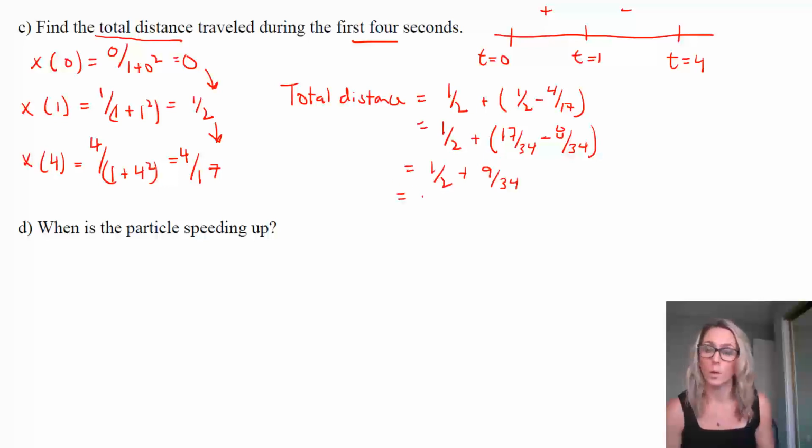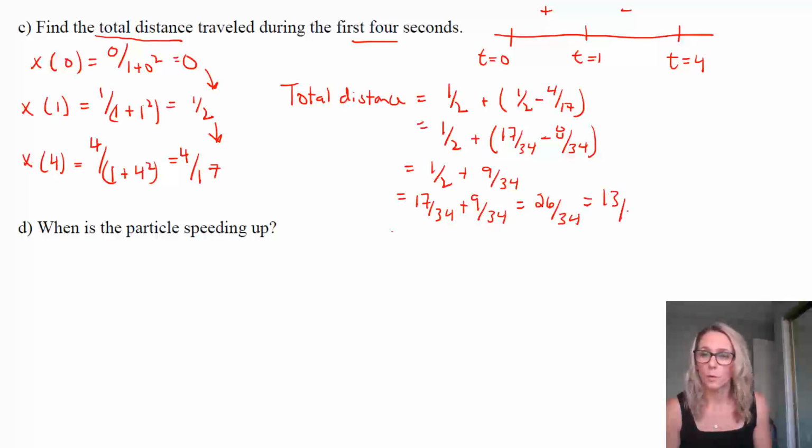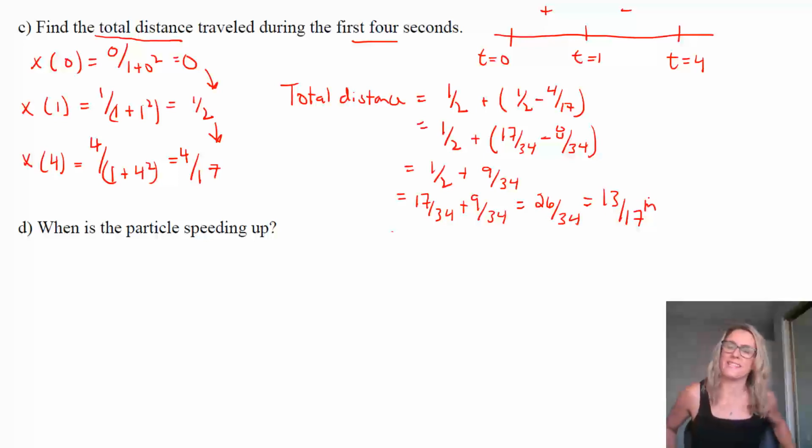I'm doing a lot of weird denominators there. So we've already decided that that's 17 over 34 plus 9 over 34, and that's going to give me 26 over 34. Simplifying that fraction gets us 13 over 17. And it looks like our units are meters. So the total distance is 13 over 17 meters in the first 4 seconds.